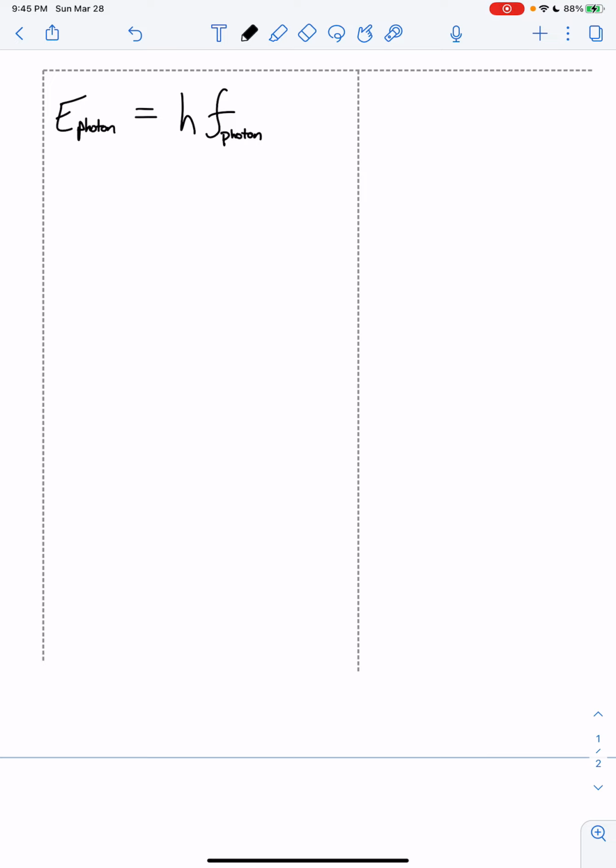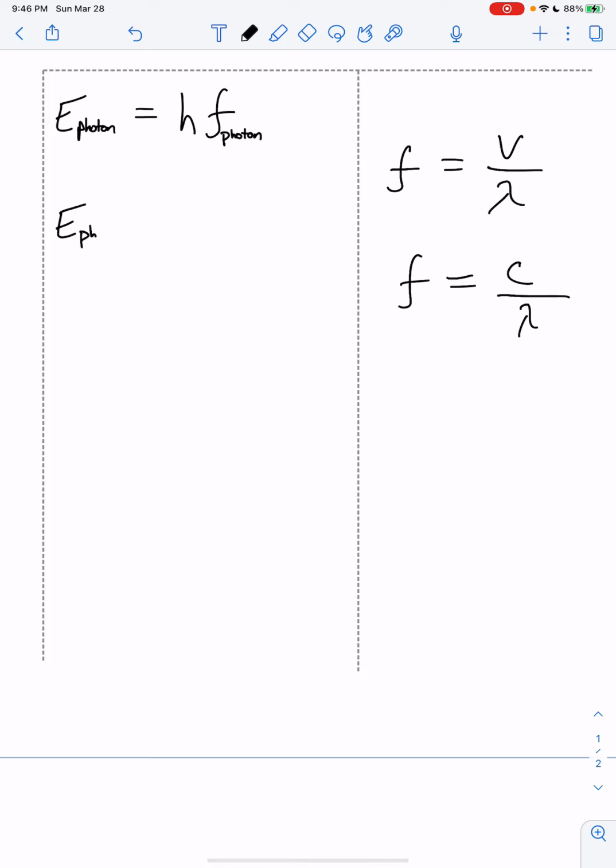Well, if you remember from waves, the frequency of a wave is related to the velocity over the wavelength. In this case, the frequency of a photon is going to be c, because photons are traveling at the speed of light, divided by the wavelength. Okay, so we can say the energy of the photon is equal to hc divided by the wavelength.